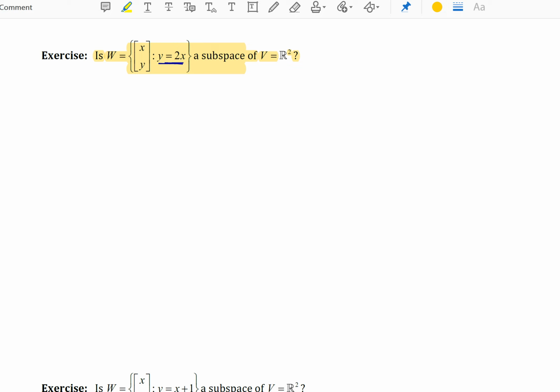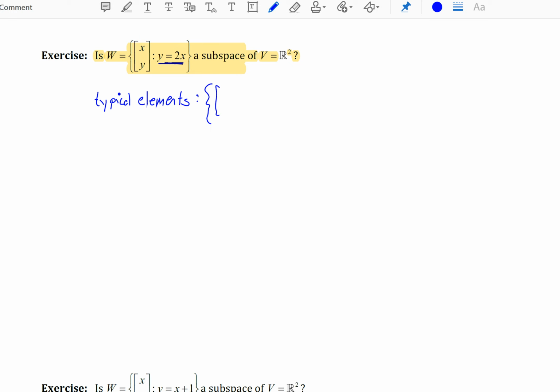So let's think again, what do elements of this set W look like? Now there's, again, lots of ways you can visualize this. And we don't have to do it every way, every time. But I want to give you some tools you could use.